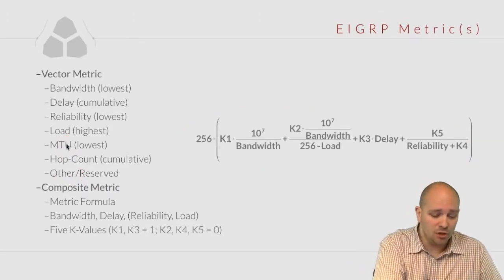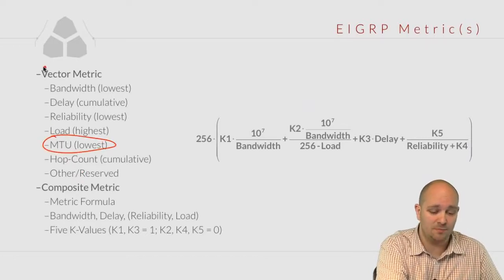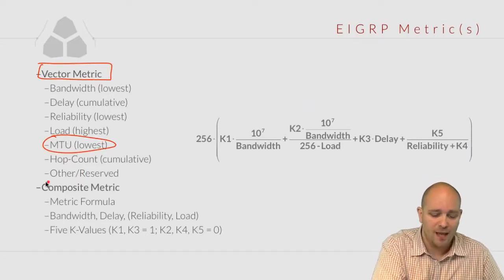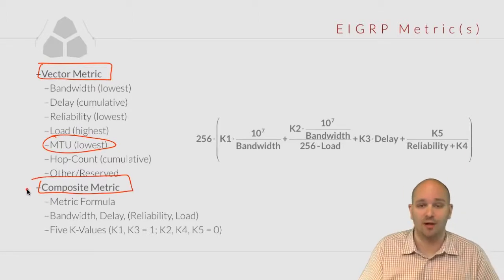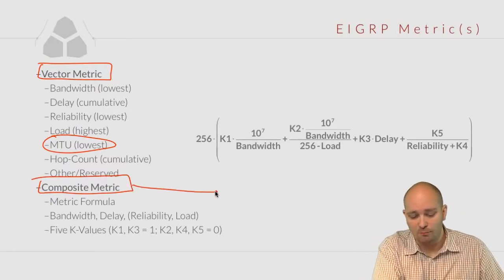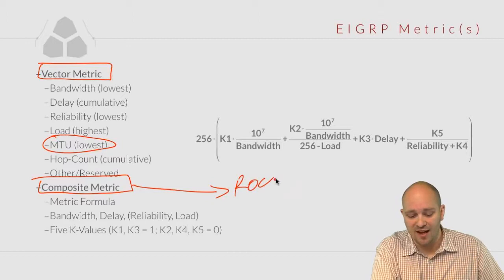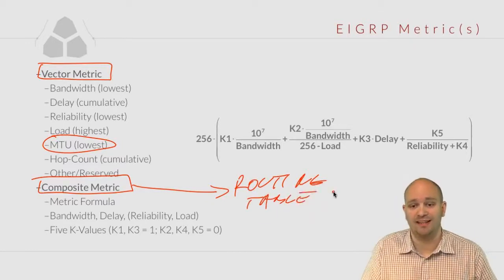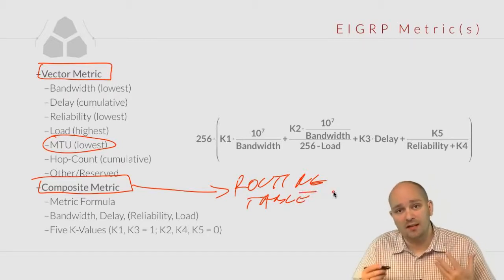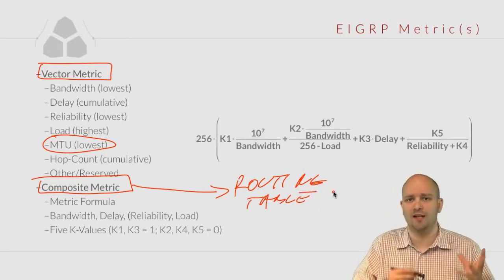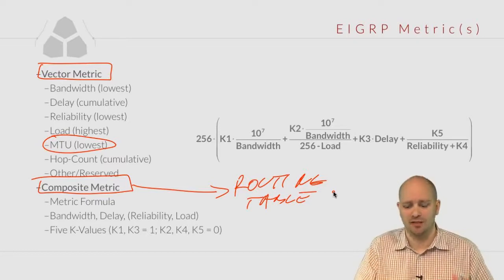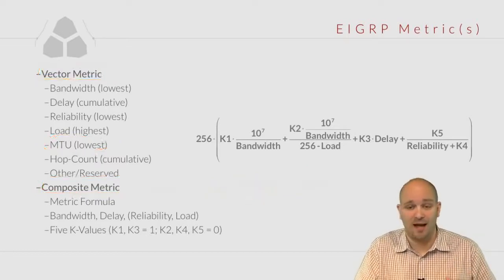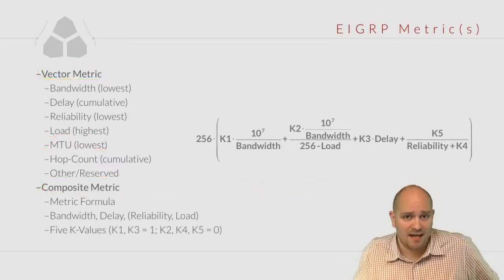So MTU, even though it's communicated as part of the vector metric, is not going to be used when calculating the composite metric. And the composite metric is the value that ends up inserted into the routing table. This is what is going to be used to calculate the best paths, to insert them in a routing table, or to find the alternate paths, whatever they might be.